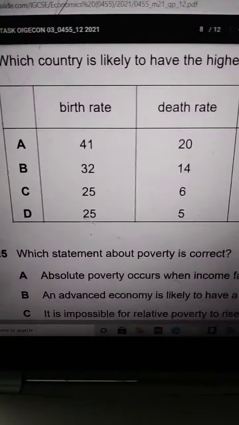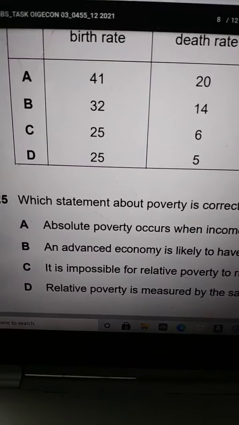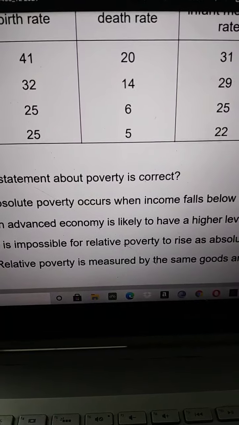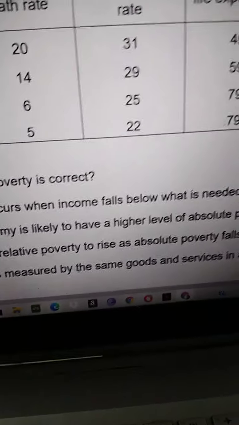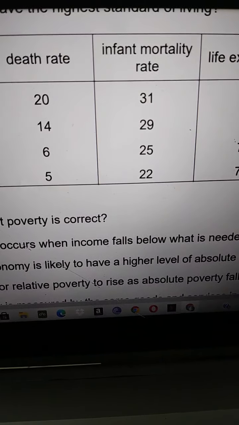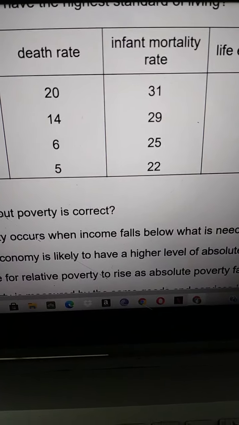Which country is likely to have the highest standard of living? Highest standard of living. So birth rate 25, lowest. That's a good sign. Generally for the developed countries it happens. Death rate is the lowest. That's good. And infant mortality rate is also the lowest. That is a good sign. Infant mortality rate is very dangerous.